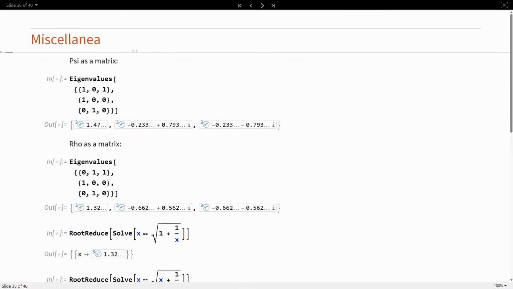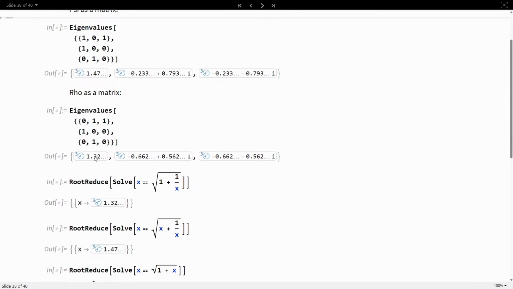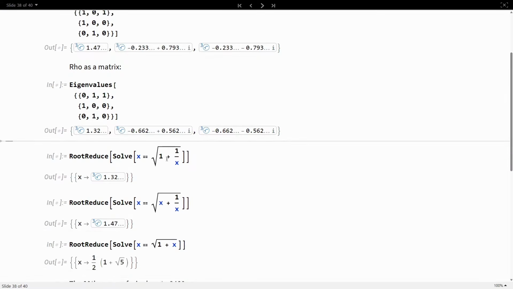So one reason these show up in a lot of Rauzy fractals is because psi and rho are very simple matrices. These are the eigenvalues for this matrix. So this is the super golden ratio. And for this matrix, this is the plastic constant.